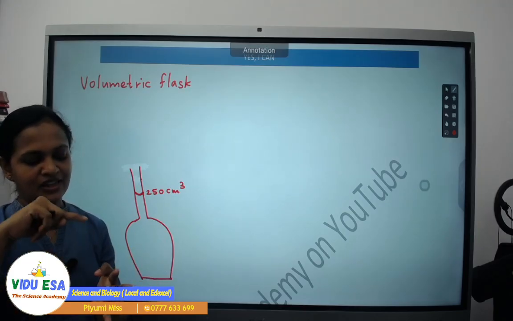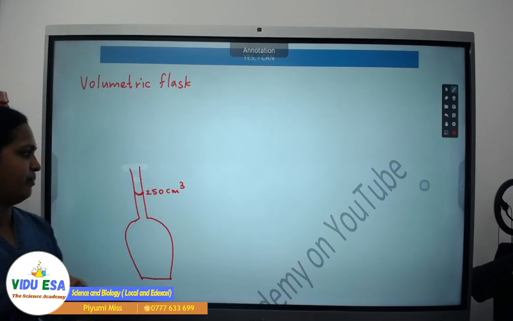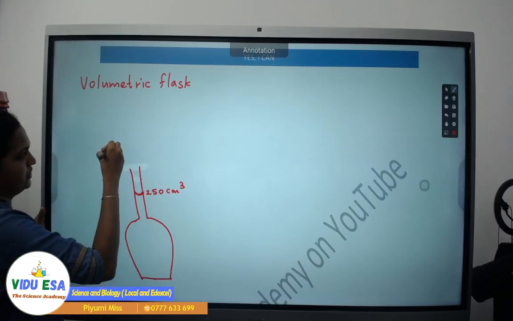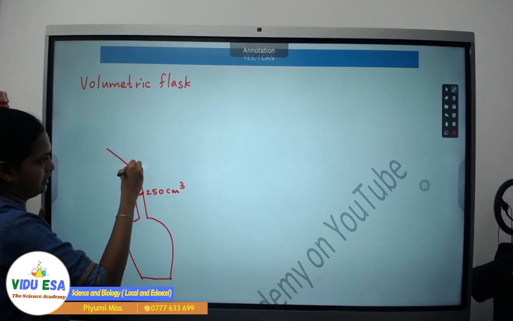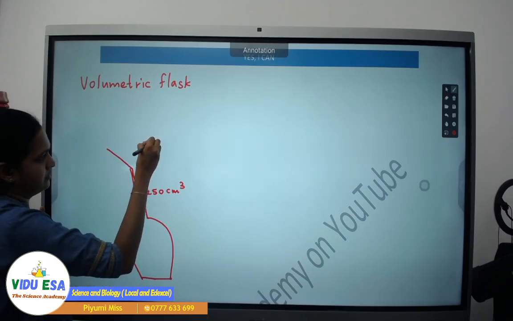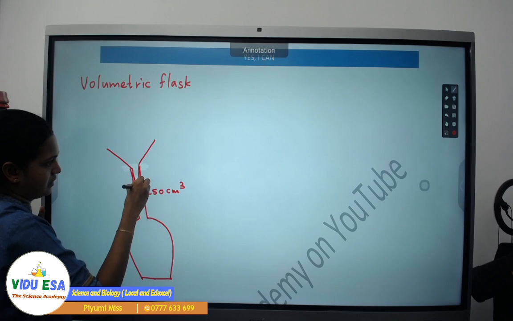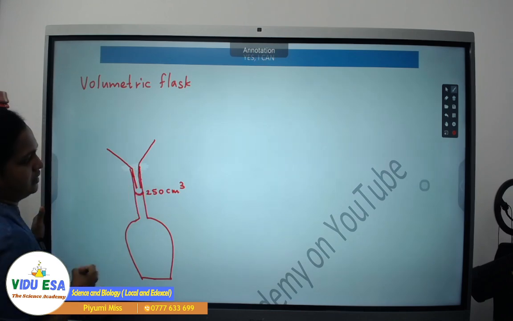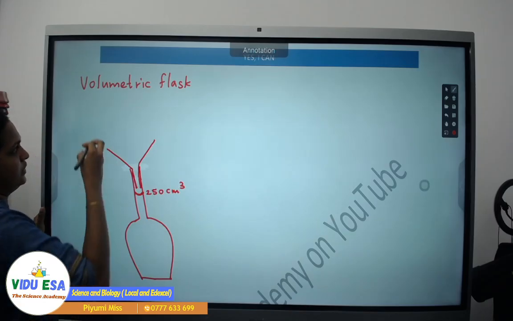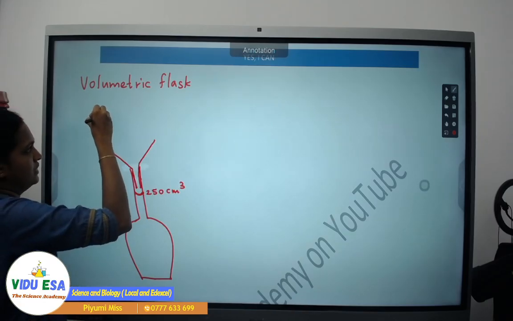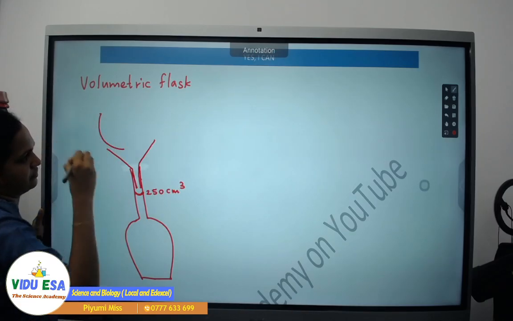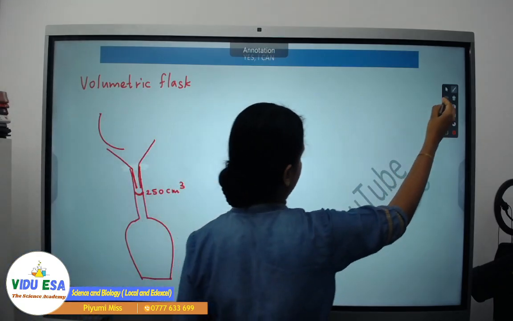So clean, dry glass equipment should be used. So you take the glass funnel and keep it here. Then you have to hold the watch glass with sodium hydroxide over this.